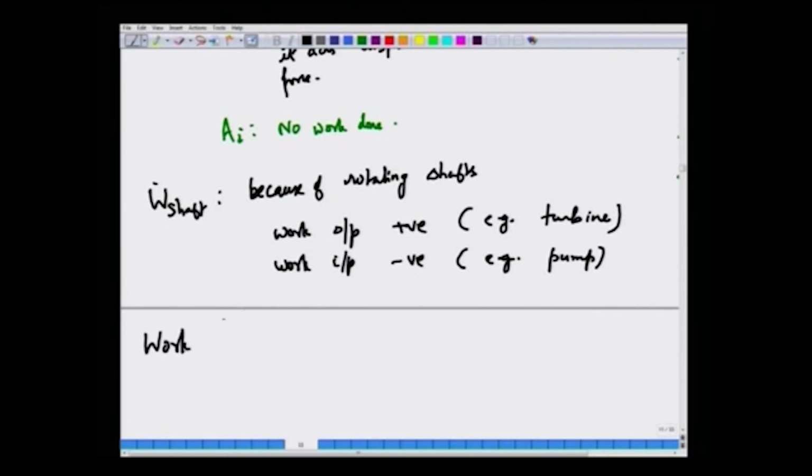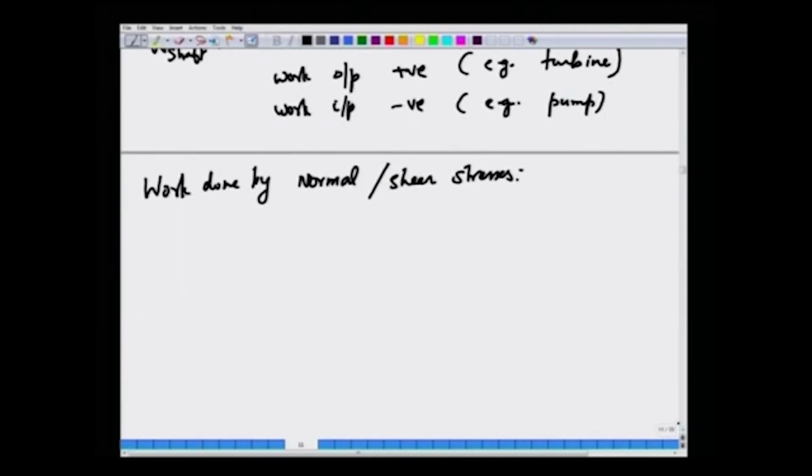So, we look at this case by case, work done by normal and shear stresses. Okay. So, the rate at which, so work done is simply F dot ds. Okay.